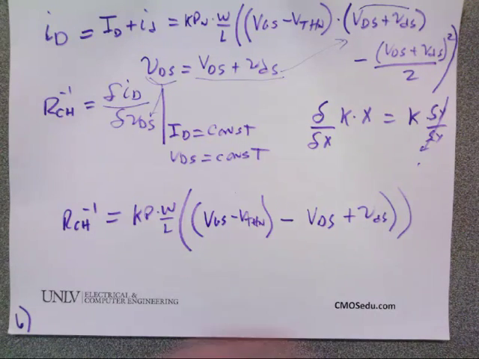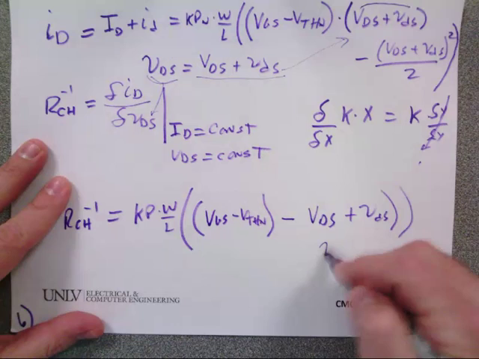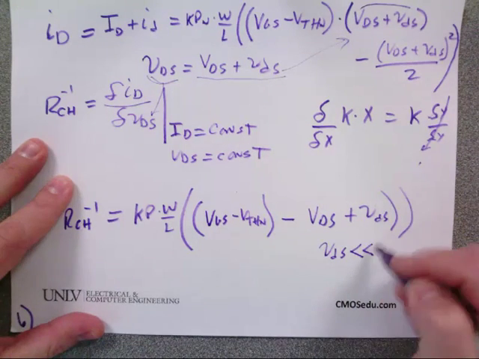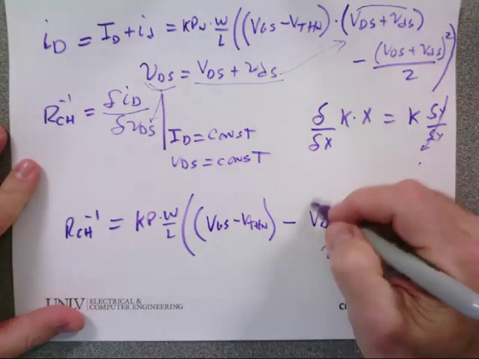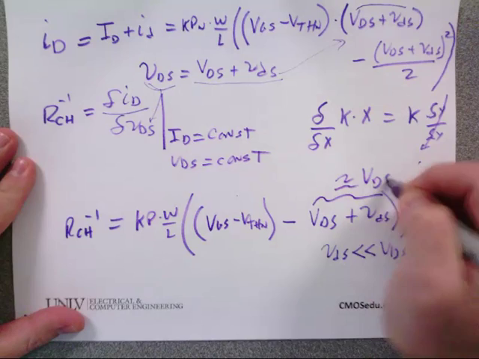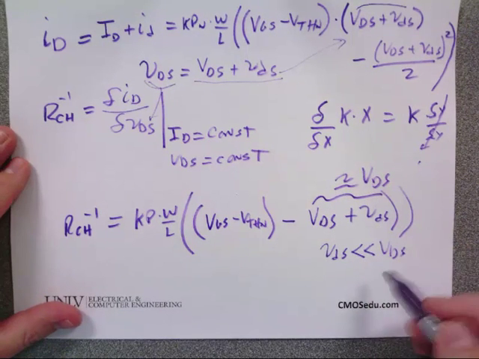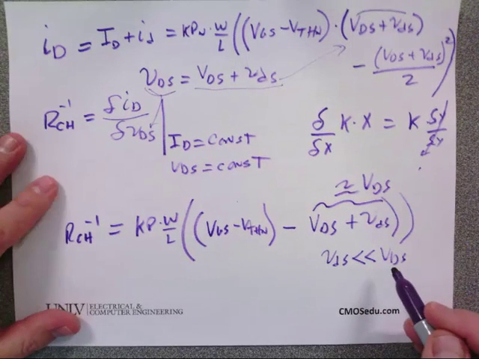But what did I assume? I assumed that this small VDS was much, much smaller than the large VDS. In other words, I turn the valve on a lot and then I wiggle a small amount. So this term right here is approximately VDS. And when I make that assumption, what's that called?